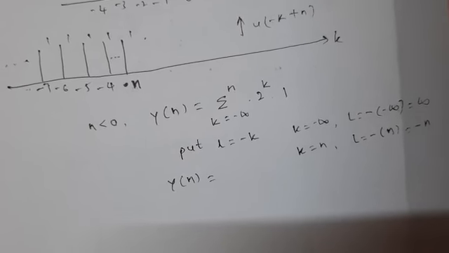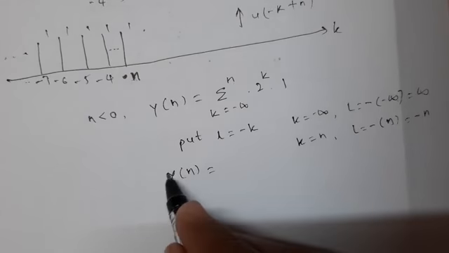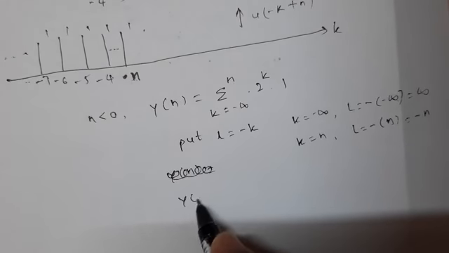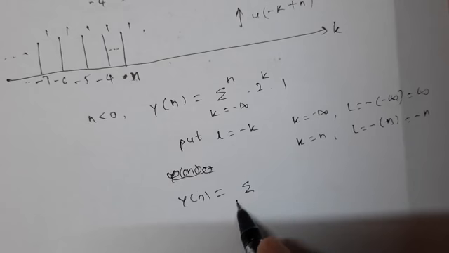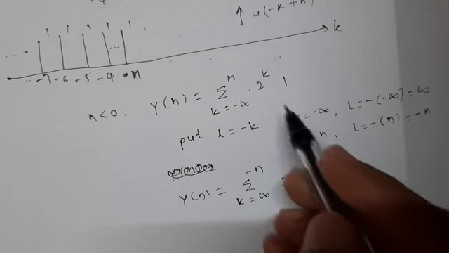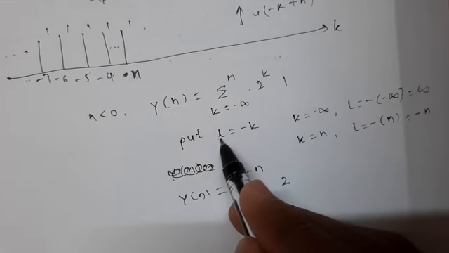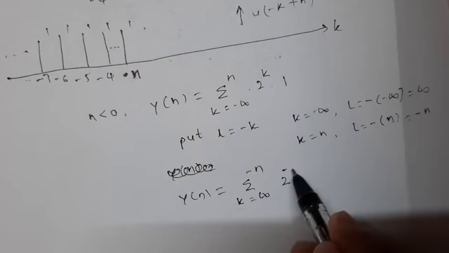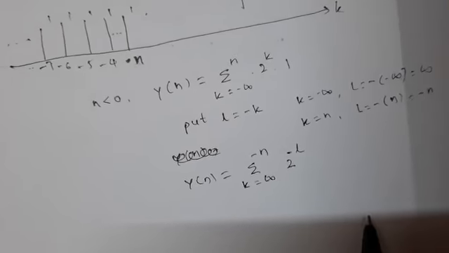Am I right? So we write y of n is equal to summation, one limit is plus infinity, another is minus n, 2 to the power, what is k? K is minus L, so 2 to the power minus L.